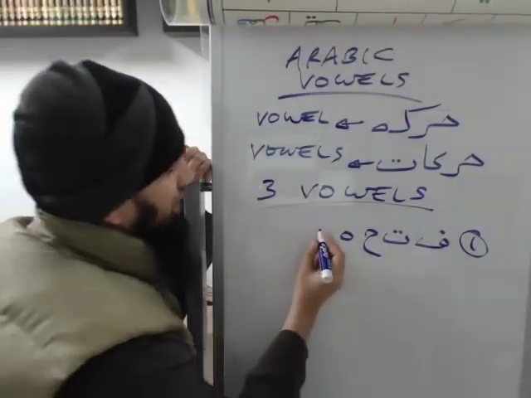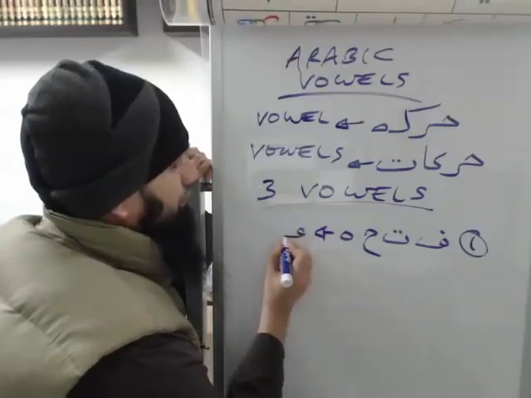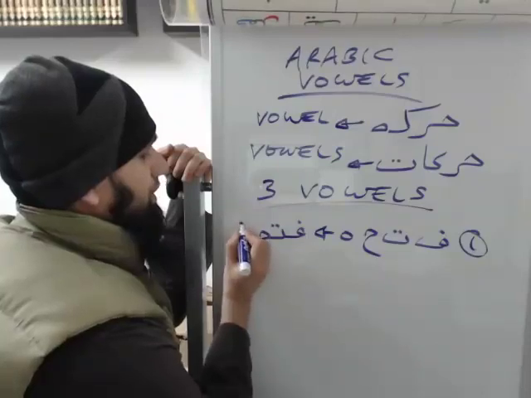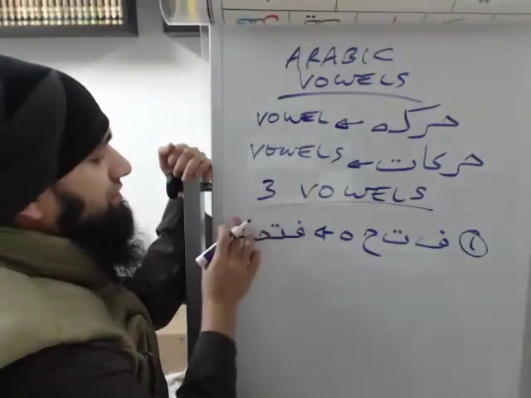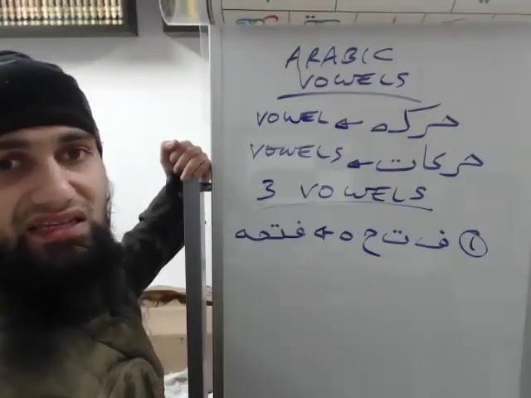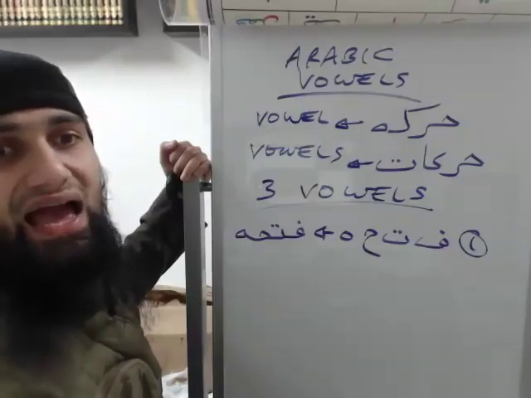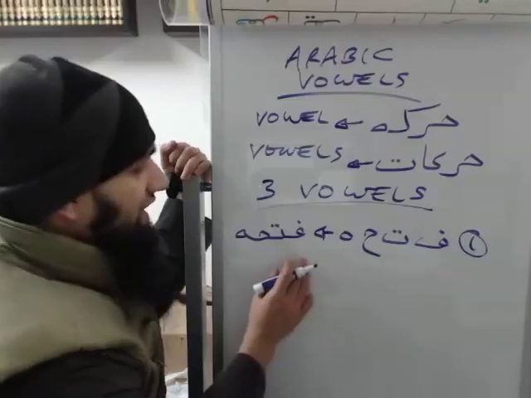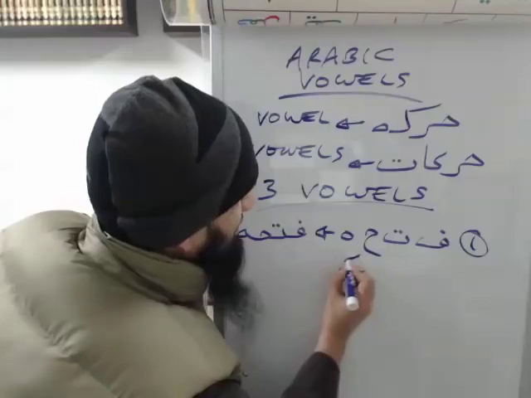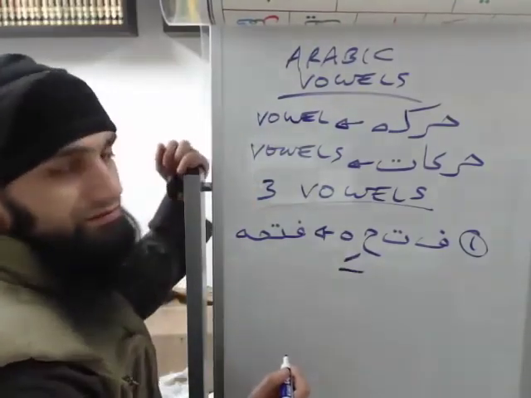If you put those together, it becomes fatha. Fatha is the vowel that is like a line that goes on top of a letter like this. It's that line, right? It goes on top of the letter.